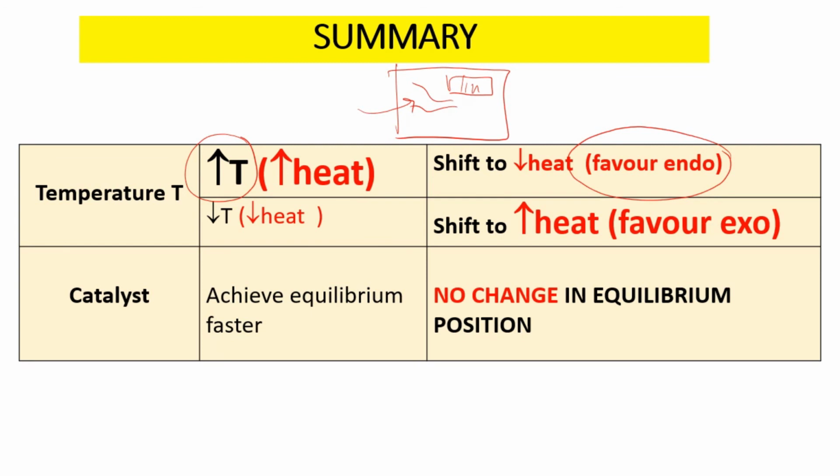When it's very cold, you don't stay in a house, especially if you go out camping. If you are very cold at the campsite, what do you do? You go out and make a campfire, and you will feel better. So cooling favors exothermic. A hot condition, heating, favors endo. And catalyst has no change.